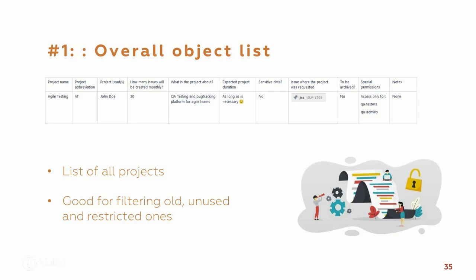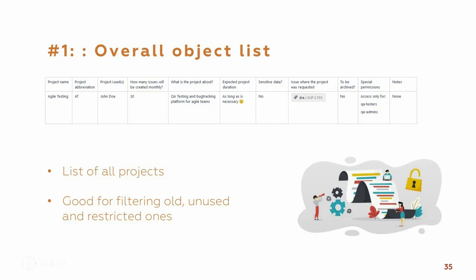So I have used in this overall Jira project list the project name, the abbreviation, the project leads, which is important information because you would know who to contact regarding this project, and how many issues will be created monthly. This is good to gauge how often or how important the project will be now and in the future.